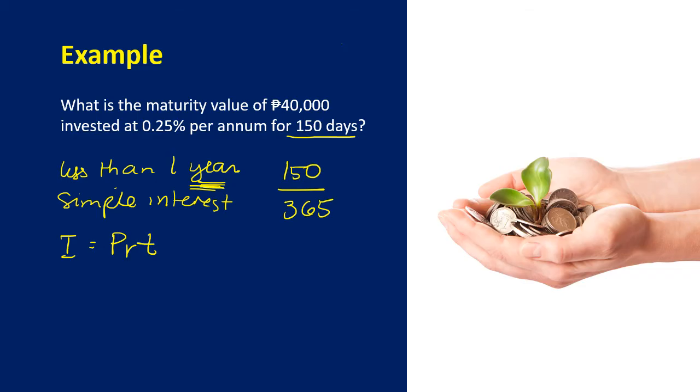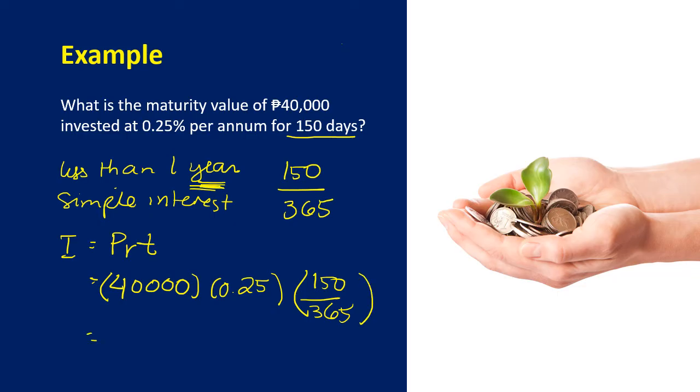So anyway, our principal is 40,000 times the rate, and the rate should be in decimal form, times time, which is 150 over 365.